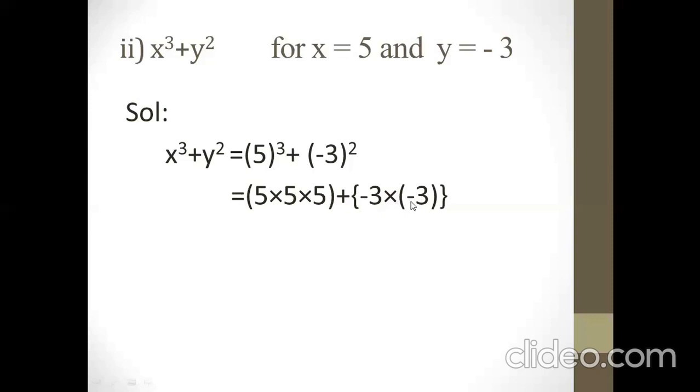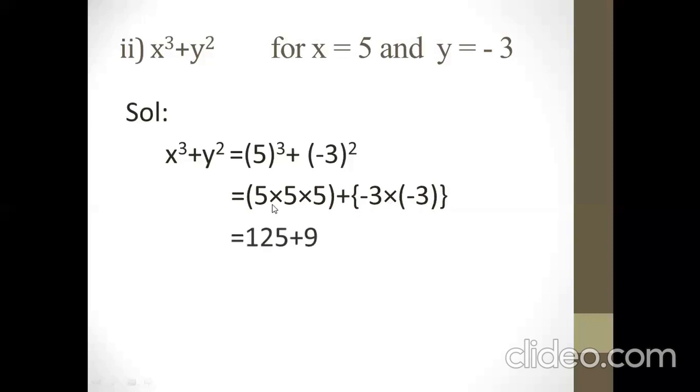For this, what we have to do is start with this curly bracket, then -3 multiplied by, we will use a round bracket here to separate these signs, or operations. Then -3, close the bracket and close this curly bracket as well.